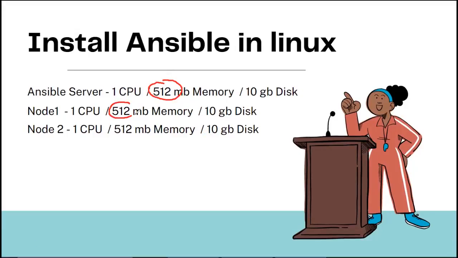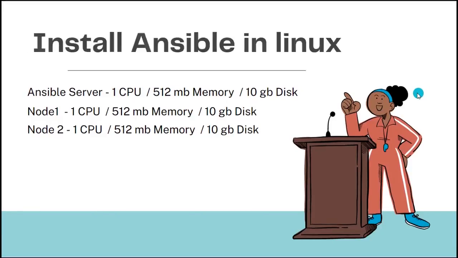So one CPU, 512 MB RAM here, and here also one CPU, 512 MB RAM, and here also one CPU, 512 MB RAM. So this is the minimal setup. If you have this, you can learn Ansible with real-time use cases, hands-on, step by step.